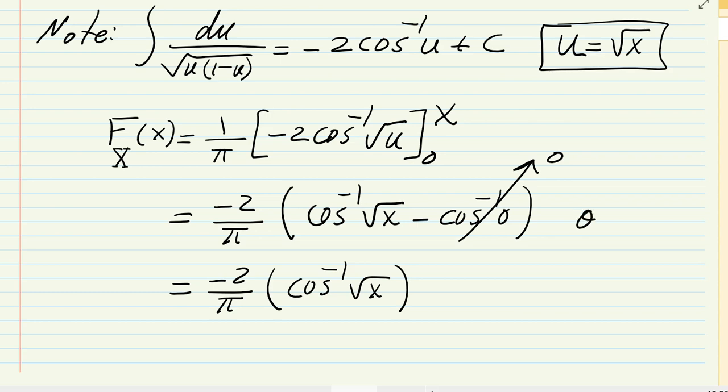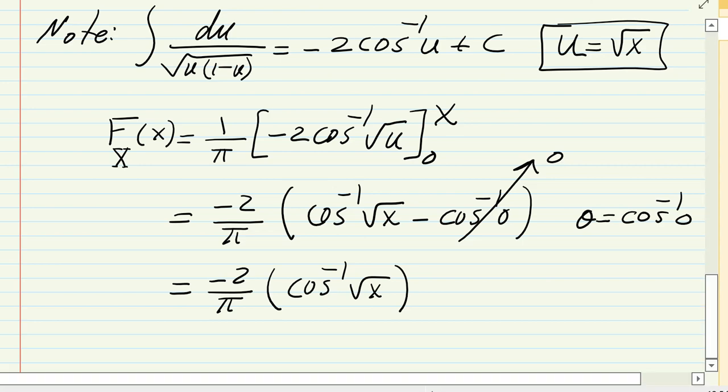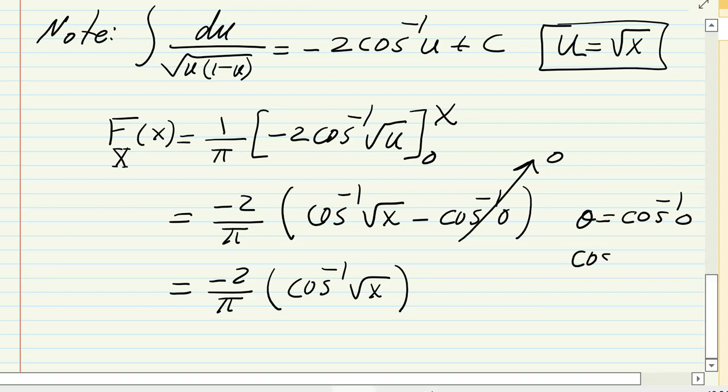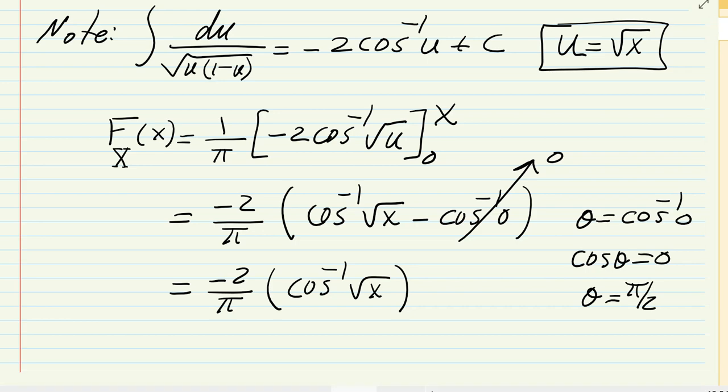Let me see. If theta is arc cosine of 0, that's not 0, I'm thinking sine inverse. So that means cosine theta is 0. Oh, okay, so theta is going to be pi over 2, because the range of inverse cosine lies between 0 and pi.